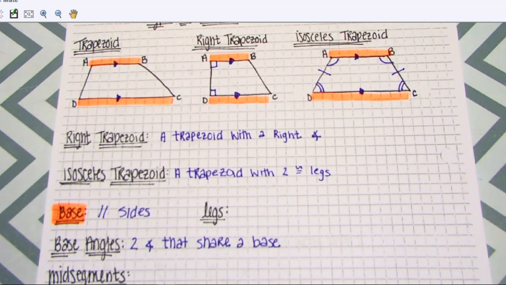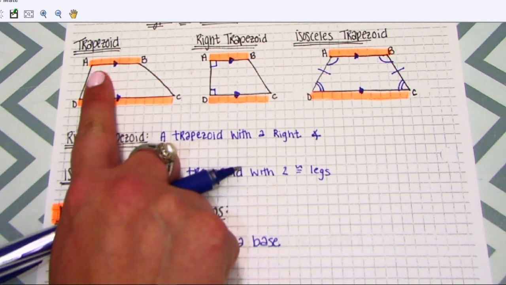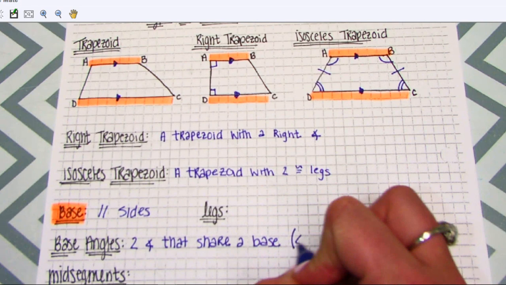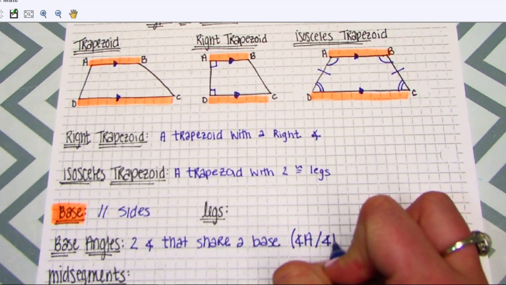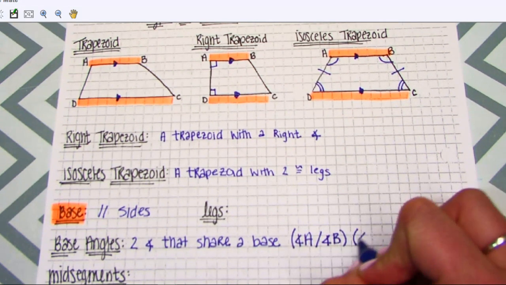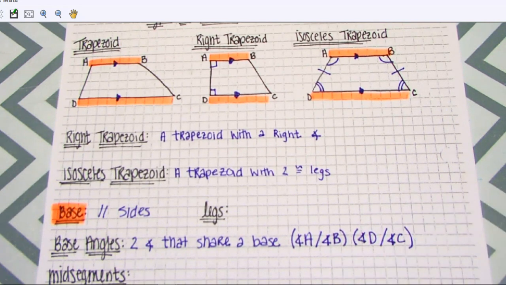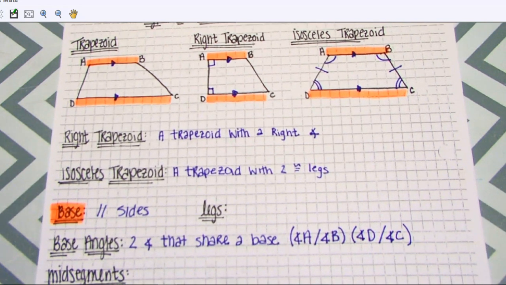So in these pictures, for example, it would be like A and B. So angle A and angle B, as well as angle D and angle C. So those would be your base angle pairs. The base angles will only be equal if the trapezoid is isosceles.